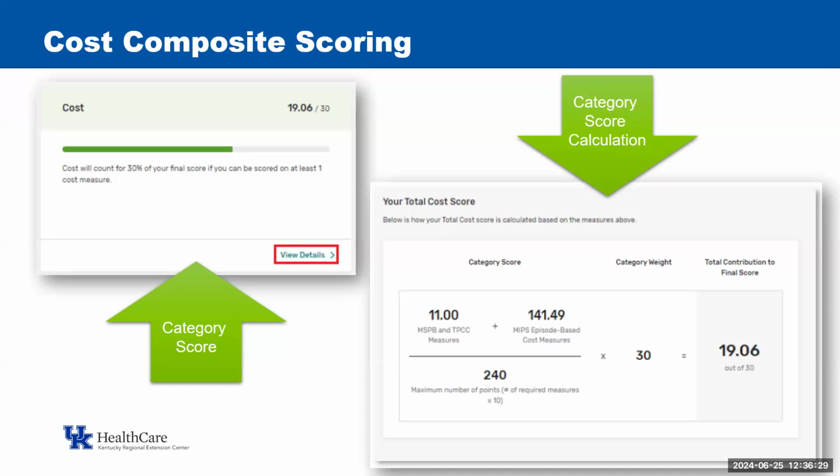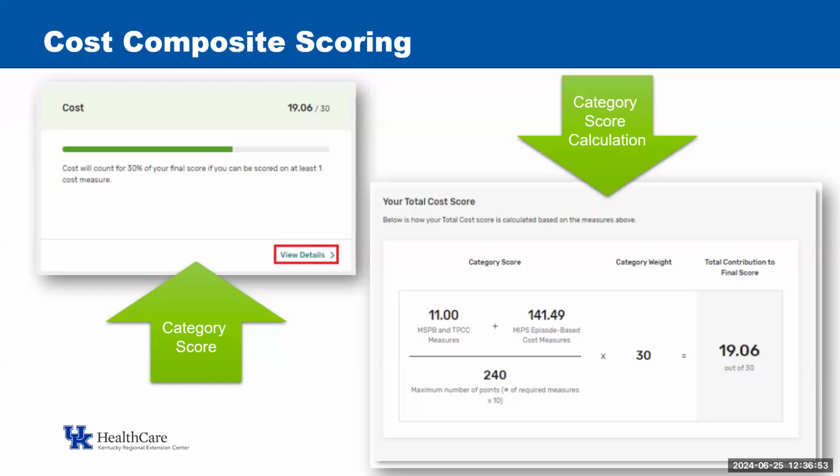So just keep that in mind, 30% of your final score. When we look at how they calculate the score at the bottom, it looks a little different than the other categories. For whatever reason, they keep Medicare spending and total per capita cost. Those measures are scored and added together.